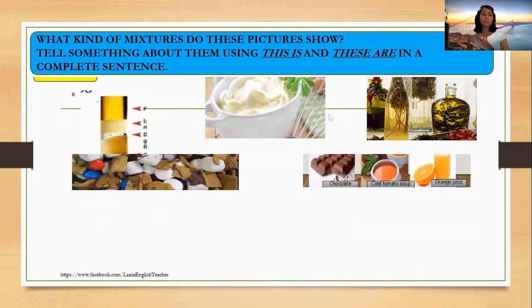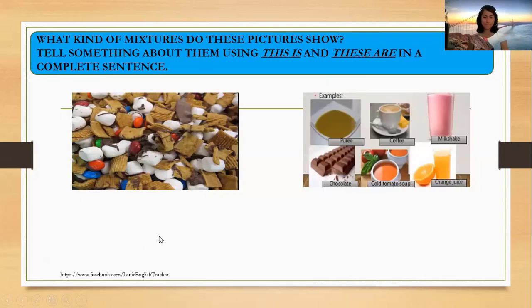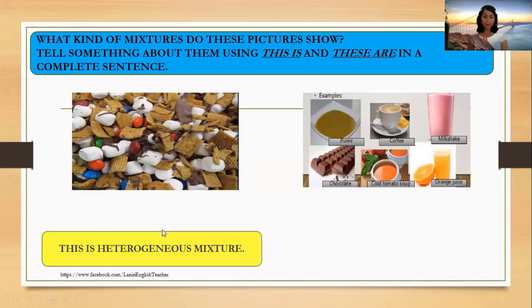What kind of mixtures do these pictures show? Tell something about them using "this is" and "these are" in a complete sentence. All right.